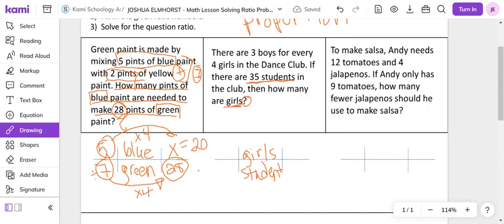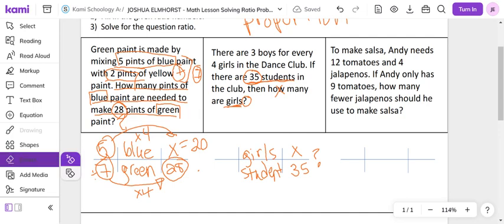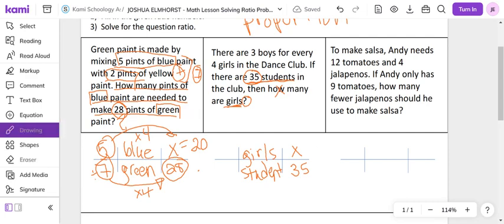And we go to the question side of this ratio, and it says, if there's 35 students, then how many are girls? How many is the variable or the unknown? We can represent it by x. So that's our question side, and we're going to solve that.